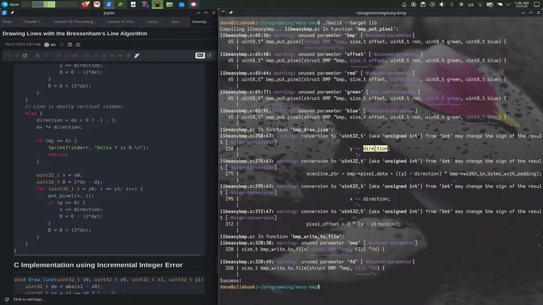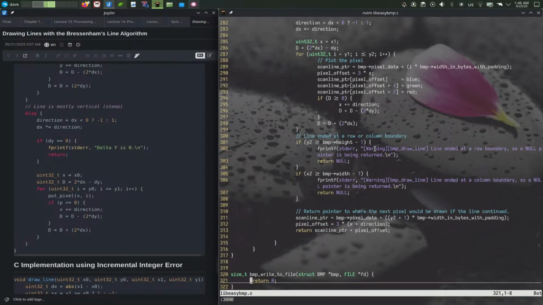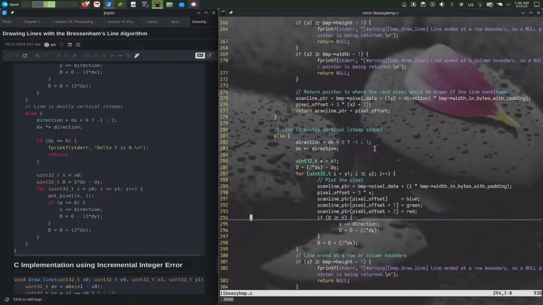Okay, yeah, so direction could possibly be negative, but I think I made y unsigned, right? Now, it should really never be less than 0 anyway. So I feel like that's fine.